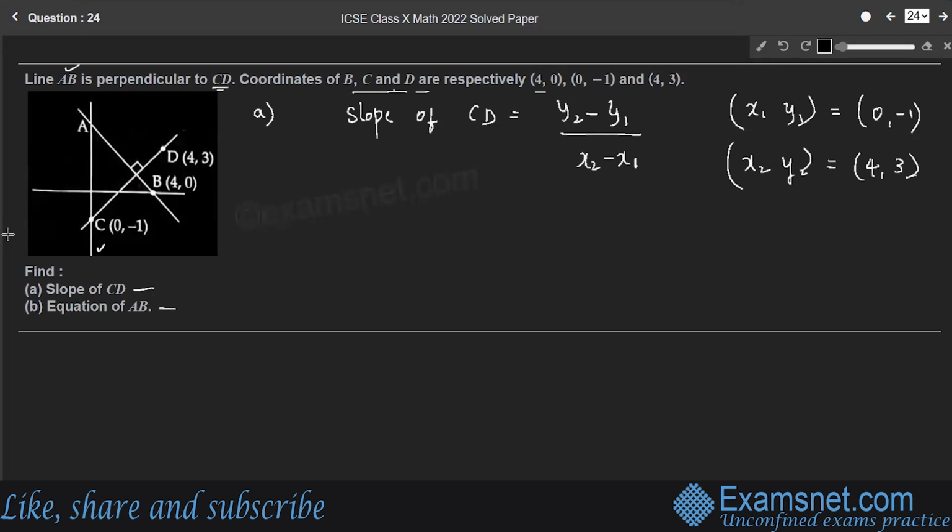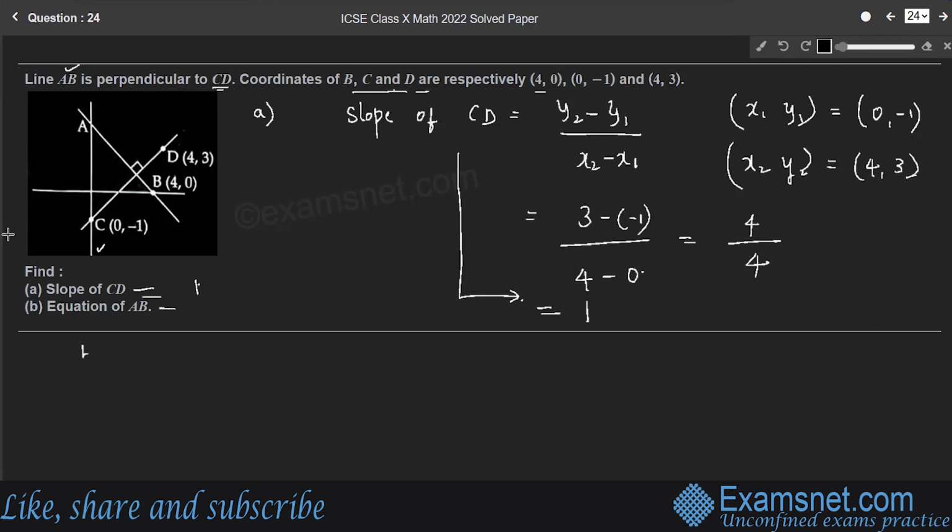Therefore, y2 minus y1 becomes 3 minus of -1, divided by x2 minus x1, 4 minus 0. So 3 minus of -1 is 4, by 4. It is 1. The slope of CD is 1.